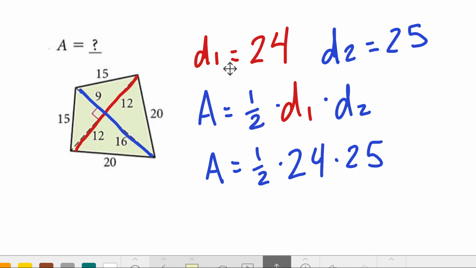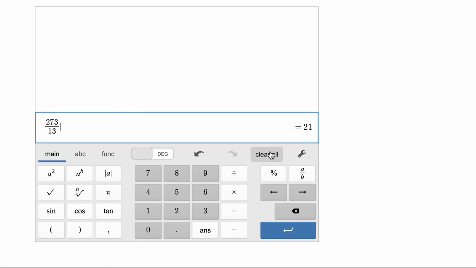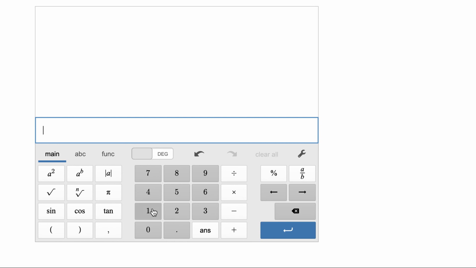Now these are some big numbers, not numbers that I know off the top of my head, but there are some things I can do. First, I would do 1/2 times 24 because I do know that. I know what 1/2 of 24 is. It's 12. And then it leaves me with 12 times 25. You might know a way of doing that in your head. That's great. I'll just show you on the calculator so we all believe each other.